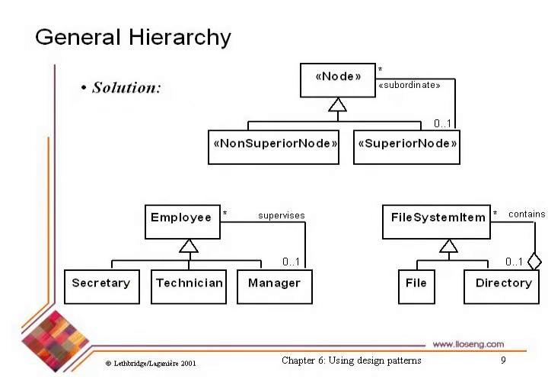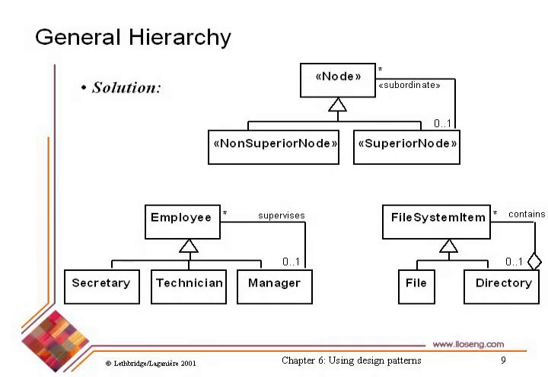Okay, so files are the terminal cases, they are the non-superior nodes, and the directories can be hierarchically related at any number of levels. And each can contain any number of other file system items, which could be files or directories. So this recursively goes down until we get to files or directories that are empty. And you'll notice that this is 0 to star, therefore there could be an empty directory at the bottom.